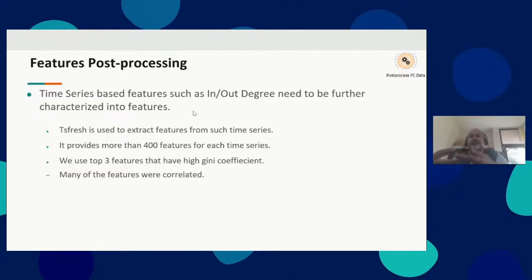So we use TSFresh to extract features, and TSFresh extracted a huge number of features for each time series. These features characterize the time series. Then we use the top 3 features with the highest Gini coefficient. That's a way of reducing features. The most significant features are kept.